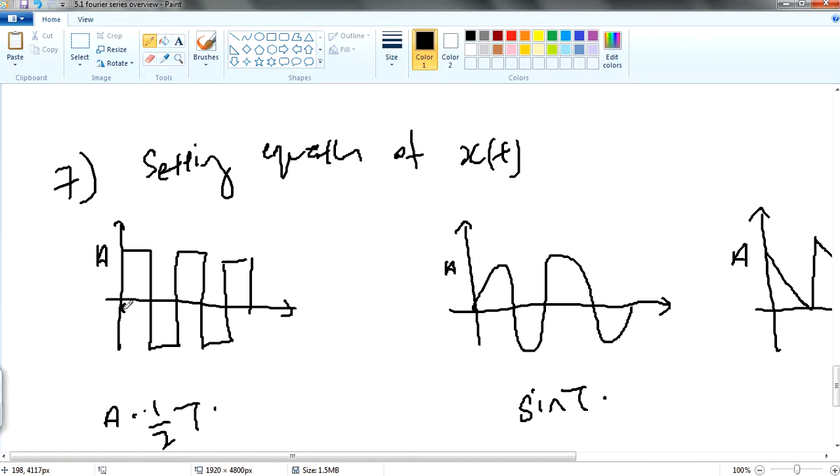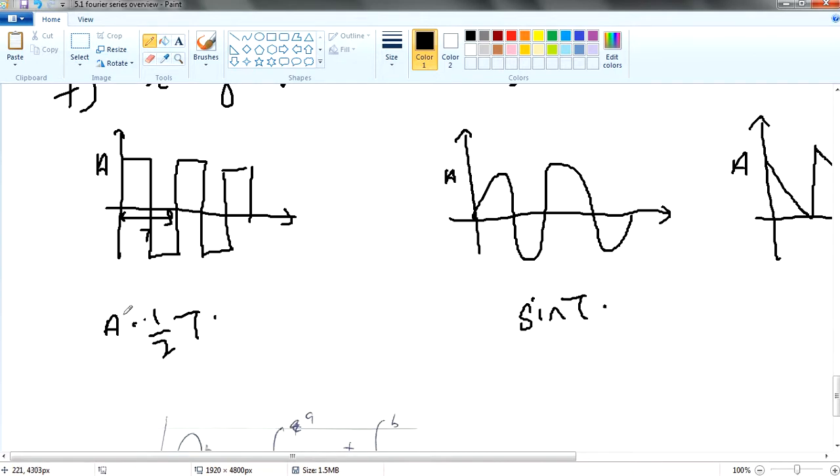As I said earlier, this portion is the period, right? So if you are taking one part of this, it's because you're trying to find the area under the curve, right? And the equation is given by a multiplied by half t. Okay, so you get the area under the curve already.